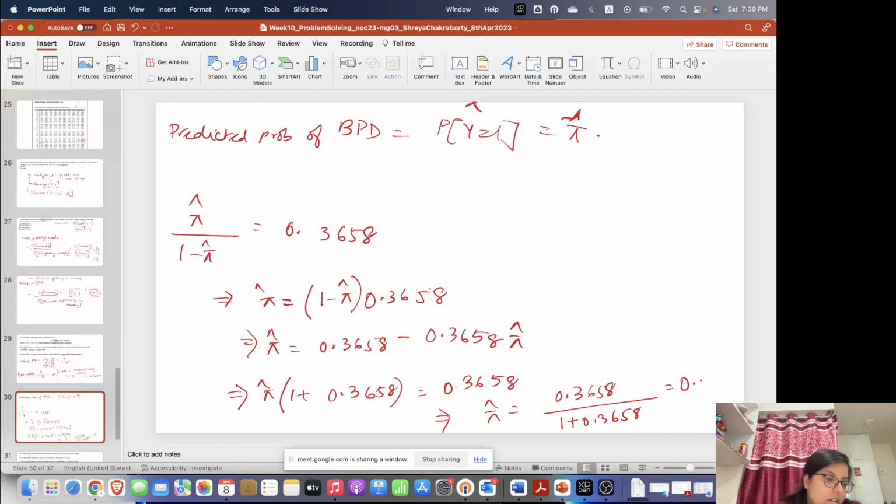0.2678. Are you getting this? So for an individual weighing 1200 grams, the probability that he might get this pulmonary disorder is about 27%.